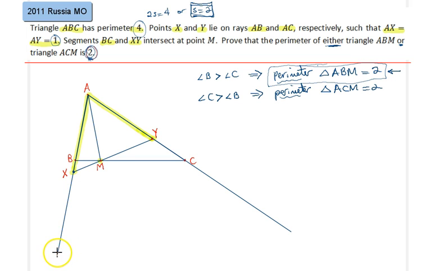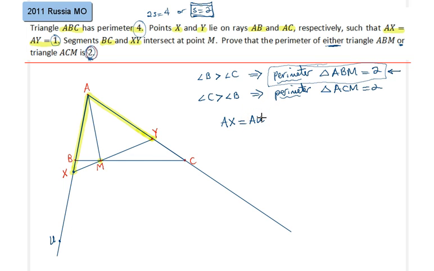Let's call the point U, somewhere here, such that AX is equal to XU.